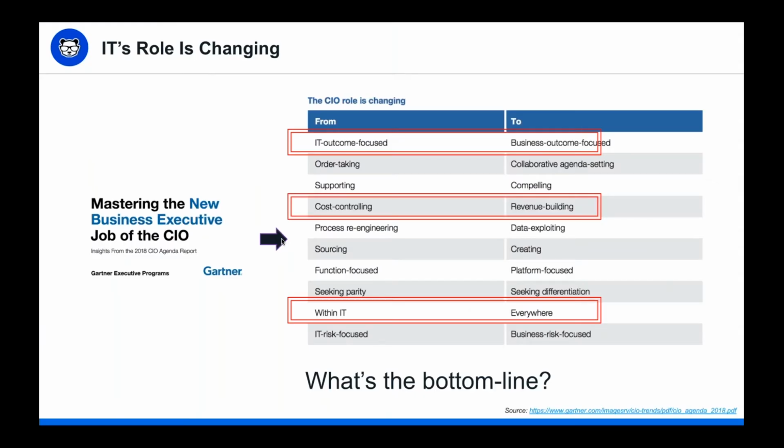And I think if you dig back in a little bit and try to understand why that is happening, there's a couple of reasons we see. The first one is that IT's role is changing. If you go back 15, 20 years, IT was mostly in a support function, primarily tasked with keeping the lights on. Fast forward to 2018, and the role of IT has fundamentally shifted.